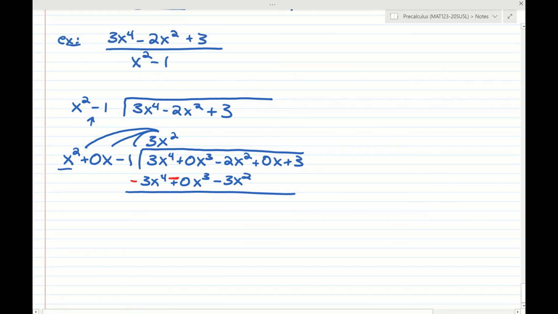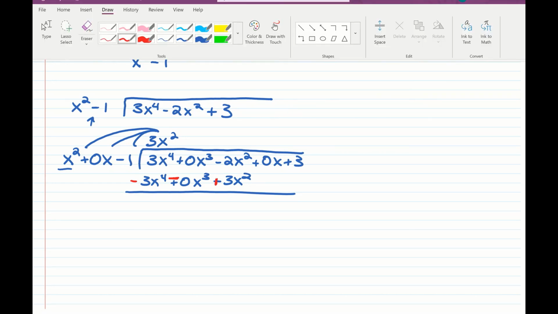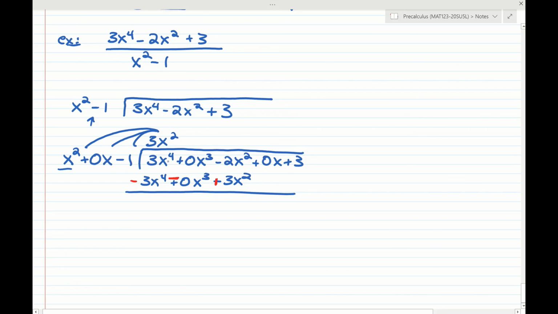We're subtracting a negative 3x squared, so when you subtract a negative, it really is adding. So these would cancel, these would cancel. We just get x to the 2nd plus the 0x, and then there's 3 terms here, so I'll bring this down and I'll bring the 3.